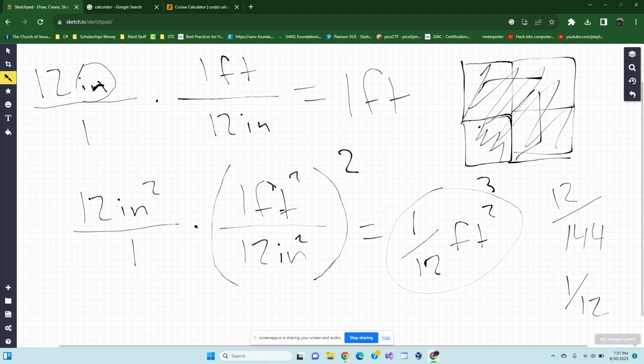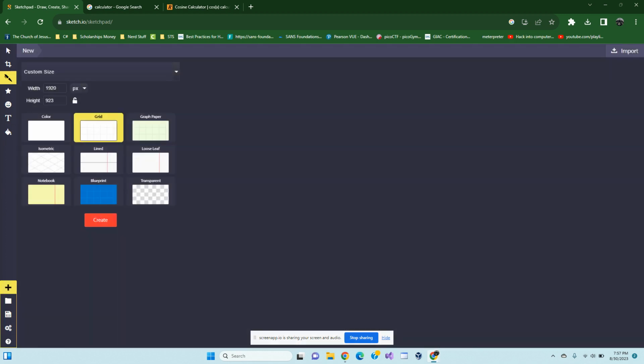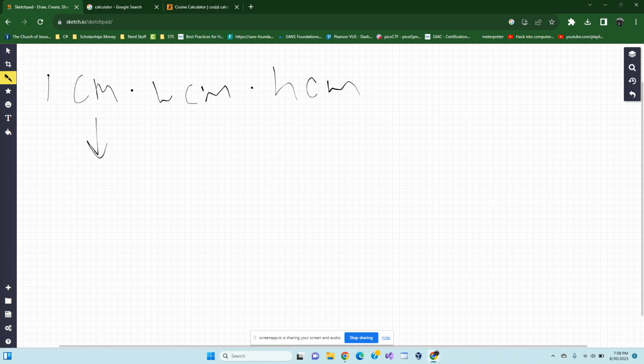And that's very important, because if you have a problem that needs you to calculate volume and it gives you the measurements in centimeters, but they want your final answer to be in inches, you need to either, one, before you multiply length by width by height in centimeters, convert them while they're all in one dimension.